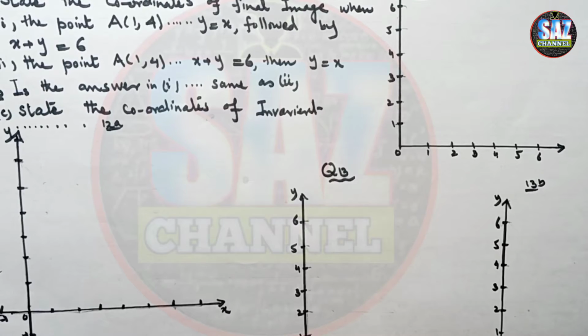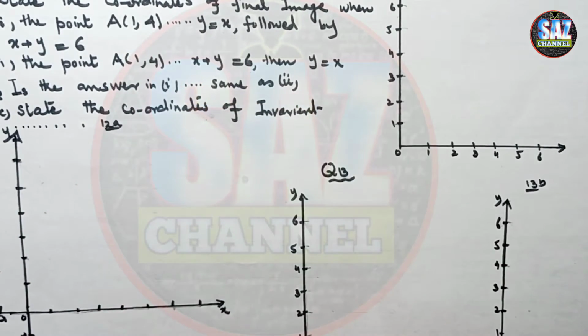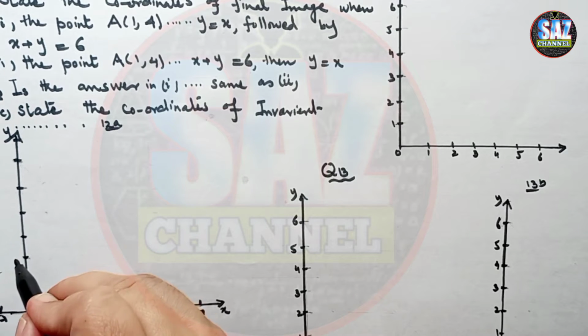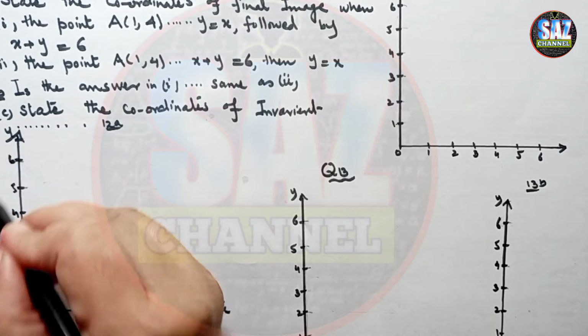As the point or the object of the question is A(1,4), first of all we have to locate (1,4). Let me label the x axis first: 1 2 3 4 5 6 and 7, and this is again 1 2 3 4 5 and 6.